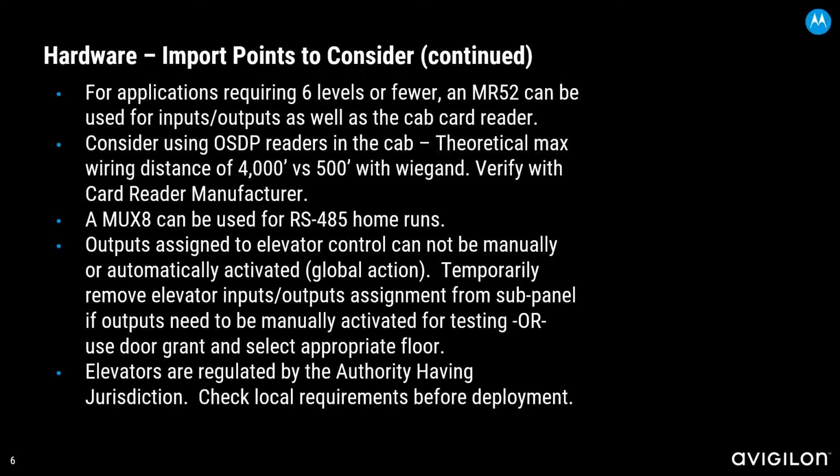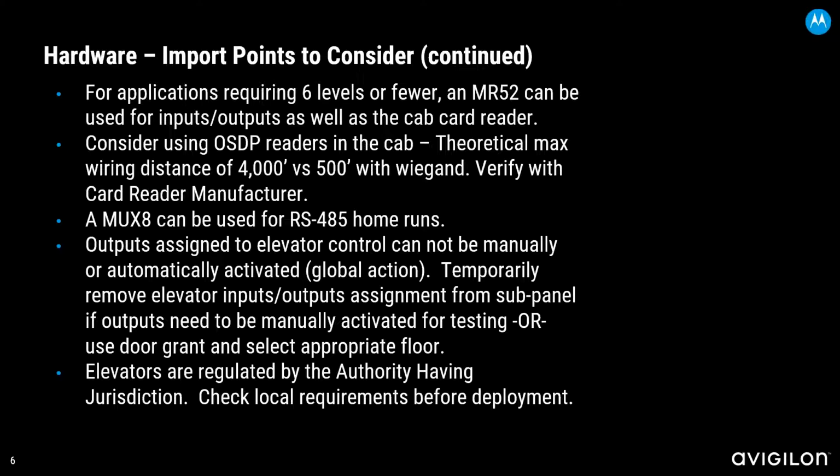So if you add that MUX8 device, that will allow you to wire those MR50s in a star configuration versus a loop. So remember that device is available, and that can be your friend when you're trying to control multiple cabs.